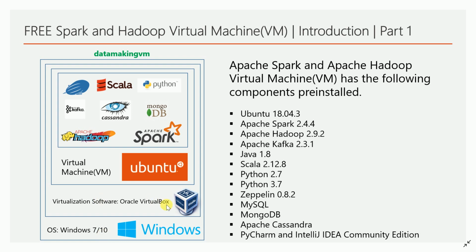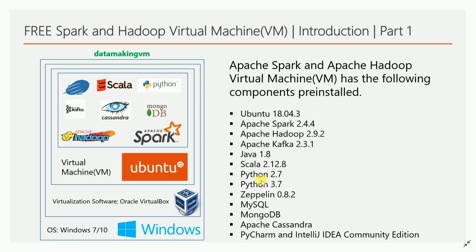I was using VirtualBox version 6.0. Then on top of that, we installed all these big data components under the Ubuntu operating system. So our virtual machine has an Ubuntu operating system, and the other components are installed over there.